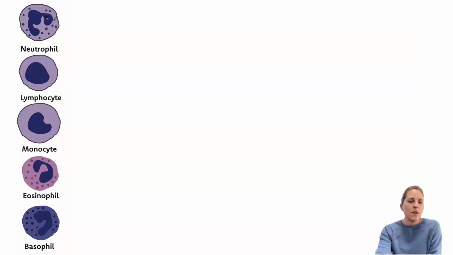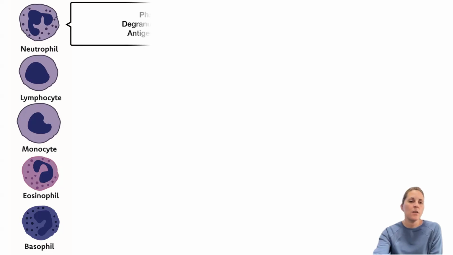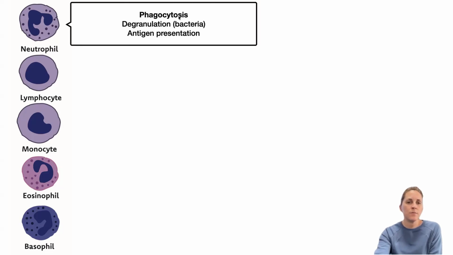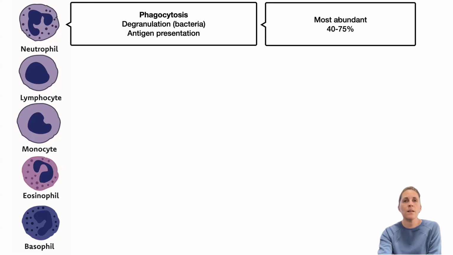All right, and so these are your five major cells. Like if you were to go and have your blood tested, these are the ones that they would look for. So this is a white blood cell panel with differentiation. You'll be looking at your neutrophils, which, as a reminder, primary job is phagocytosis. They're immediate actors. These are your most abundant white blood cells in circulation. And for different people, that normal means a different thing.